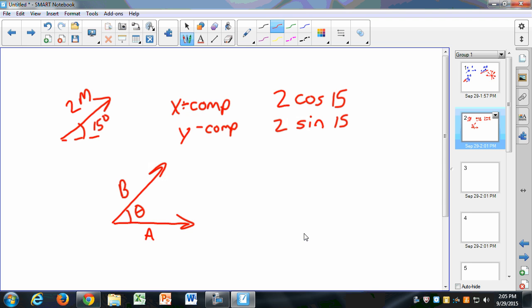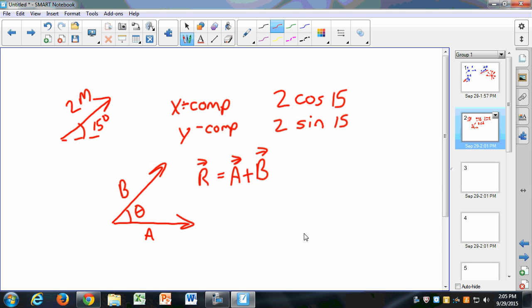If I want to know the sum of those 2 vectors, let's say the sum R is equal to A plus B. You first find the x and y components of each vector, you add them up, that gives you the x and y components of the resultant vector, and then you find the magnitude and direction by the angle.